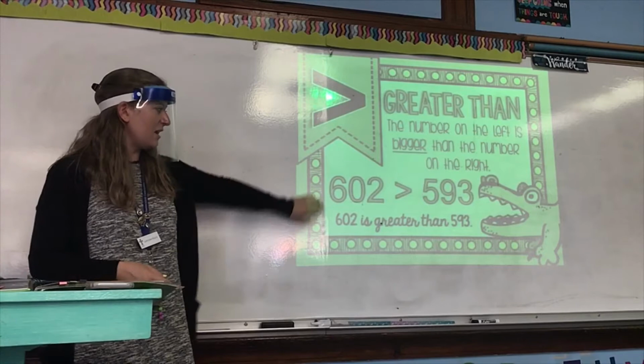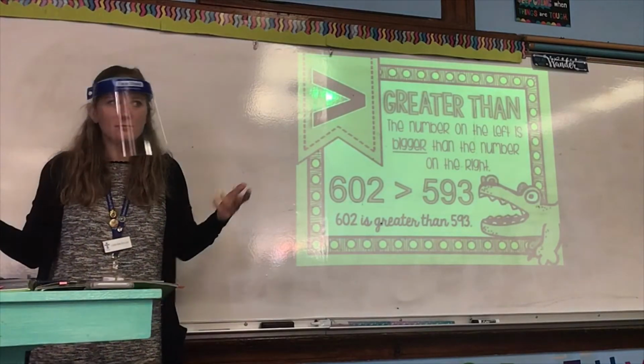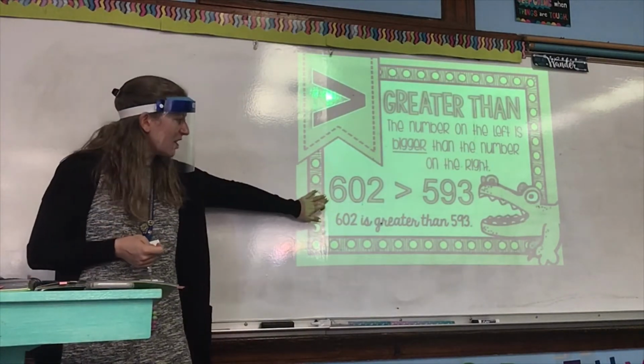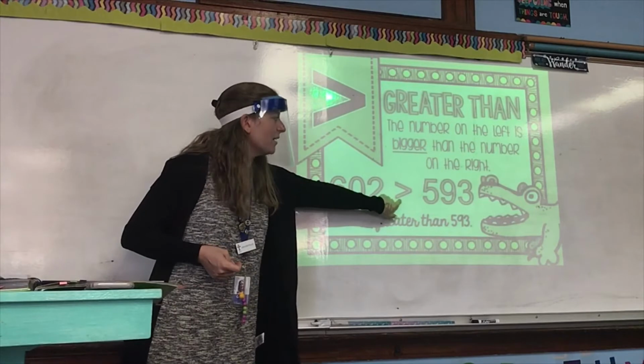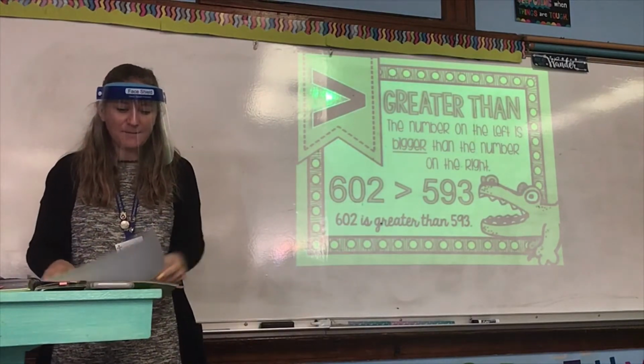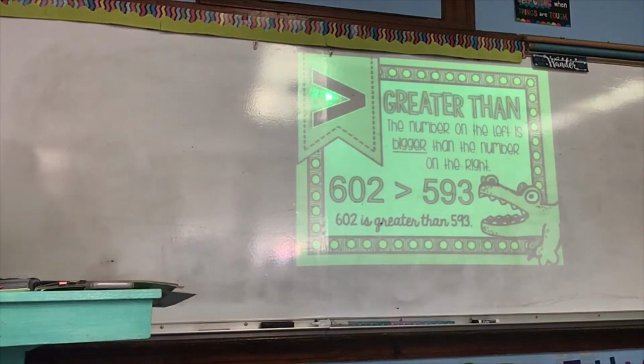Your teacher might have said the alligator wants more candy or more food. So its mouth is going to be facing the larger number. 602 is greater than 593. Okay, go ahead and look at the less than. I'm going to go change the page.